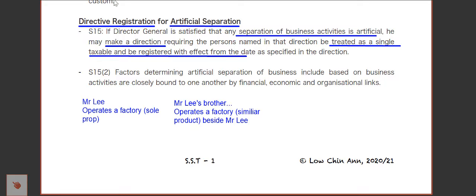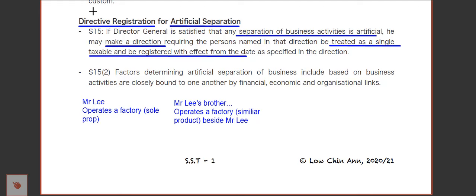if you look at the operation, it looks as though they are running it as the same business. Sometimes if you go to restaurants, you can see this quite obviously. So two restaurants, two counters, but when you go in, you find that the restaurants are actually connected, so you can go left, go right.